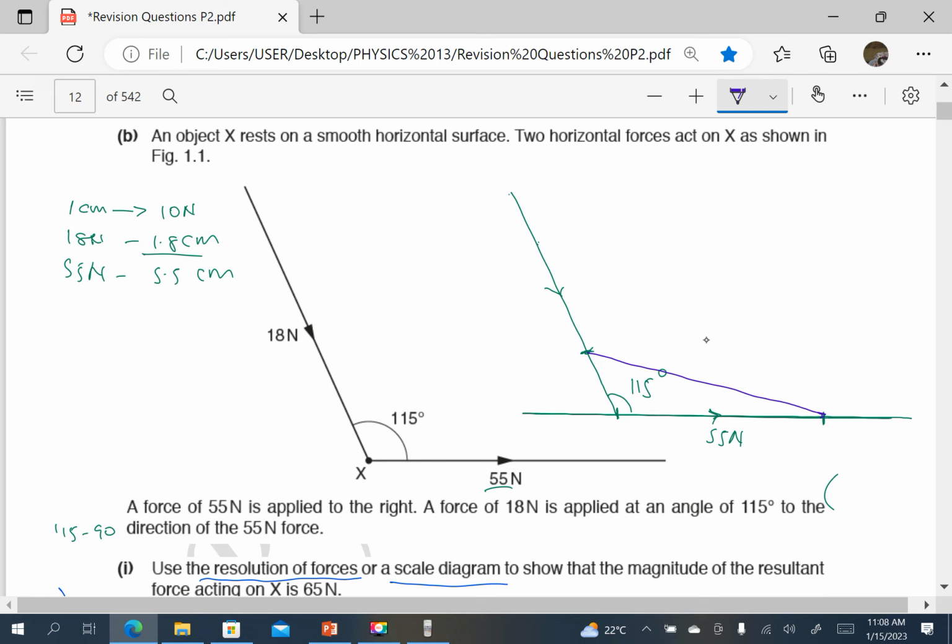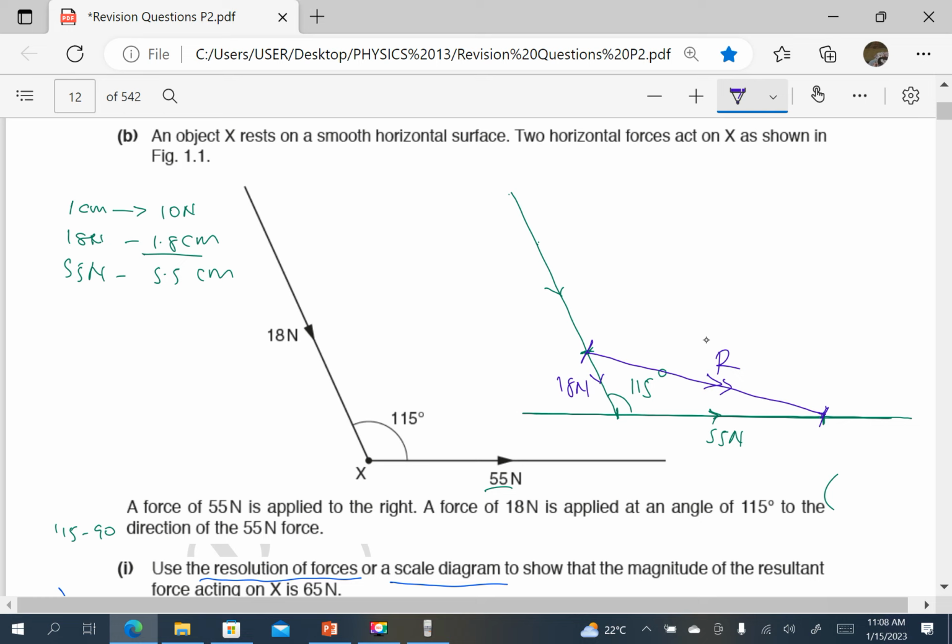So I have tried my level best to draw this to scale. This is going to be my resultant force R. This is 18 newtons. This is 55. So what remains is I measure the distance from this point to that point. Remember, I may not be very accurate because I'm using rulers and protractor on a computer.